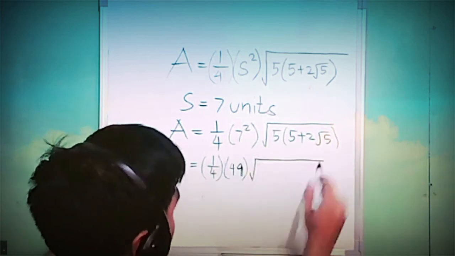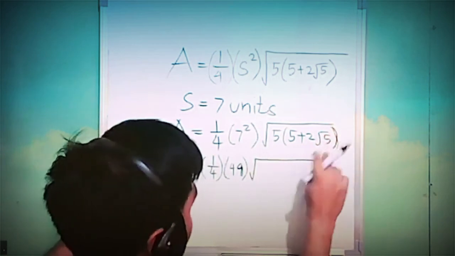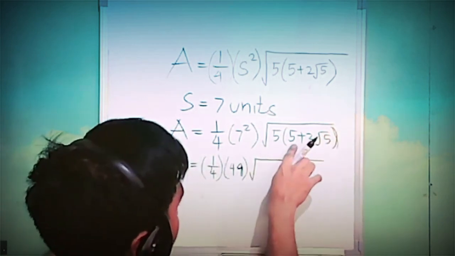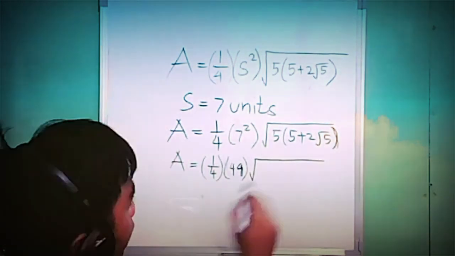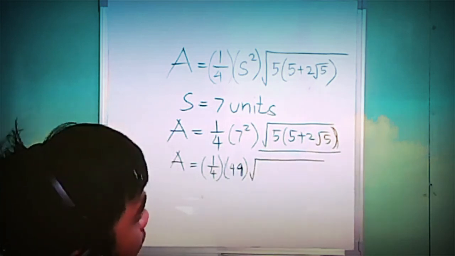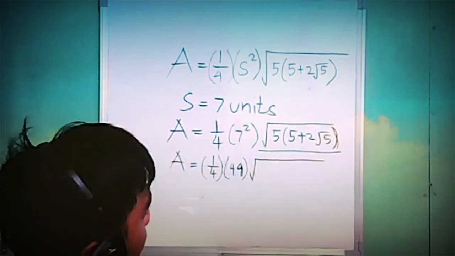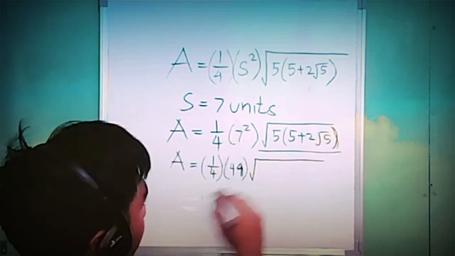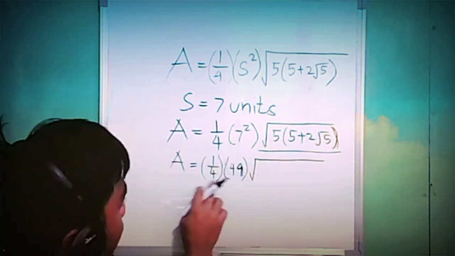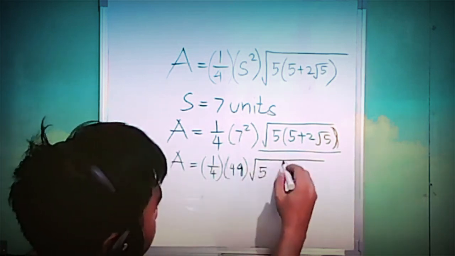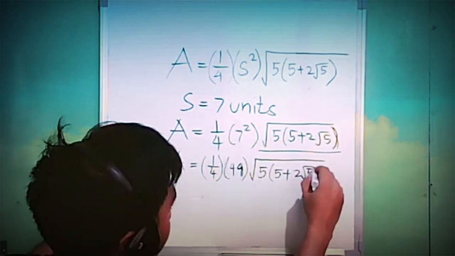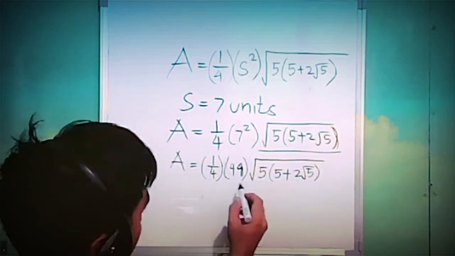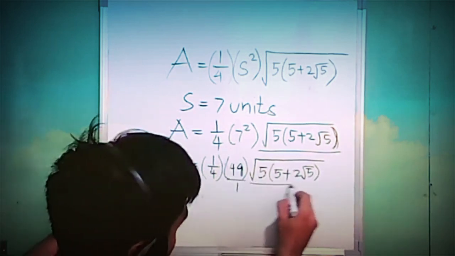Now let's simplify the inner part: 5 plus 2 square root of 5. I tried to solve this one, but the answer is a decimal. So in order that we don't have decimals, we multiply it directly, so that we can get the exact answer. Put 1 here also.